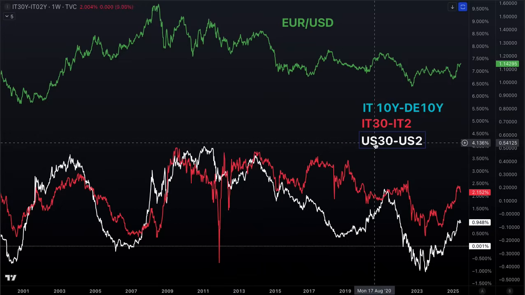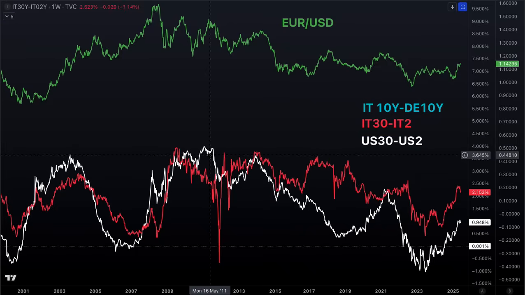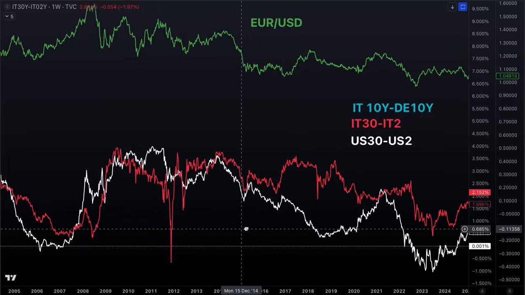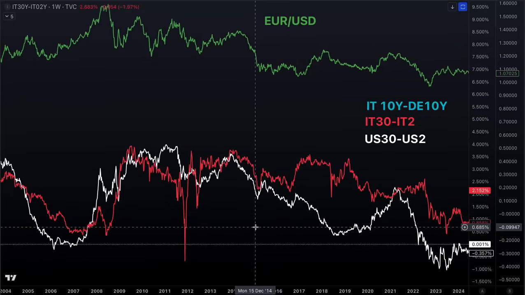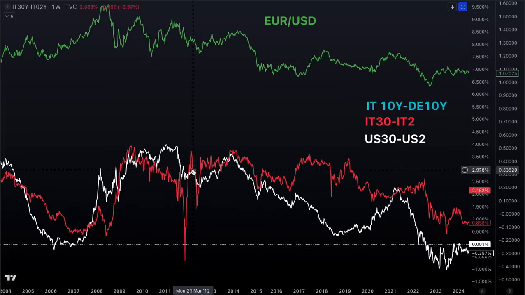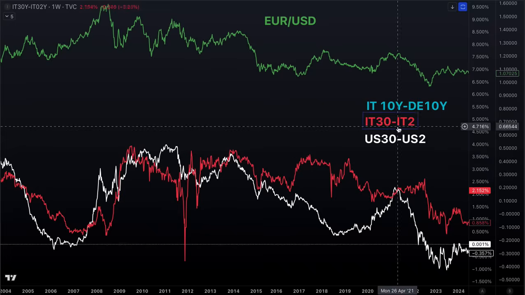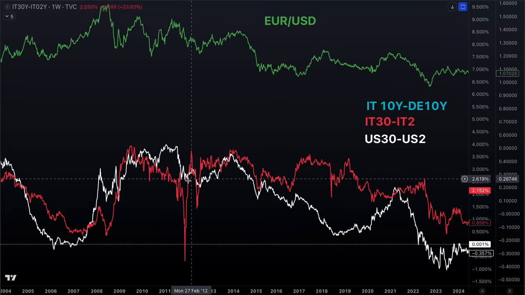This white line is the premium to hold US 30-year bonds versus US 2-year bonds. You can see when that bear flattening happened, because of the imminent fiscal solvency risk, how notably that diverged from the American 30-2 spread.